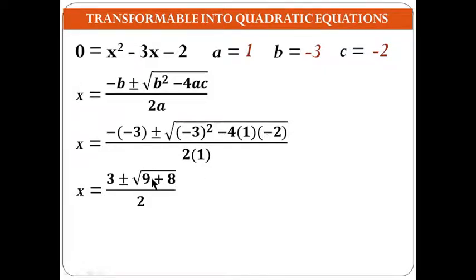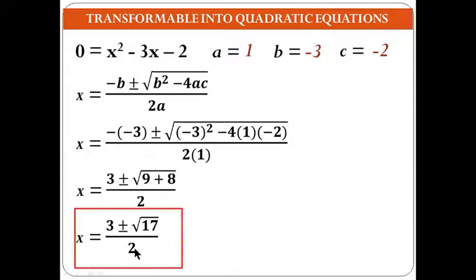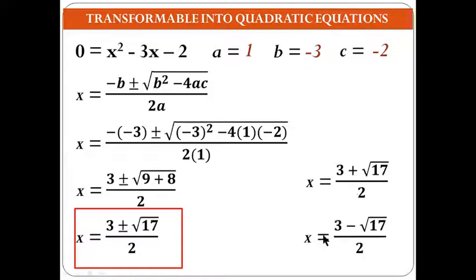Now simplify the radicands. So 3, positive negative, 9 plus 8 is 17 over 2. Therefore, the solution set is 3 plus square root of 17 over 2 and 3 minus square root of 17 over 2.